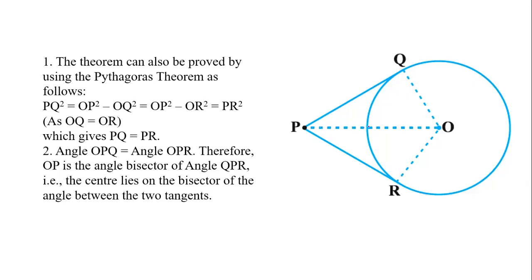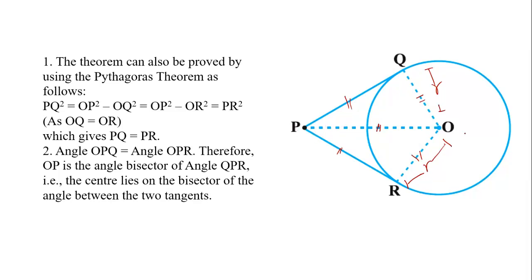As we can see that PO is common, and QO and RO are equal because these are radii of the circle. So let's note them with R. So if you apply Pythagoras theorem in triangle PQO and in triangle PRO, we can find that PR will be equal to PQ.